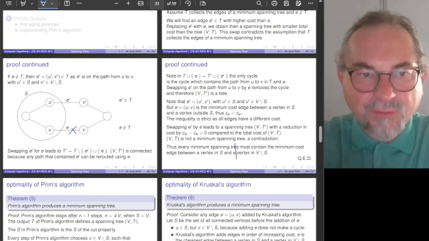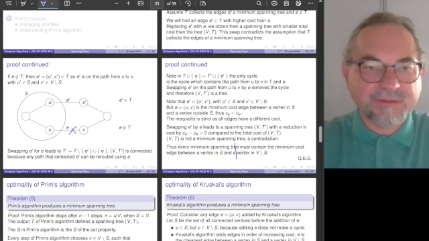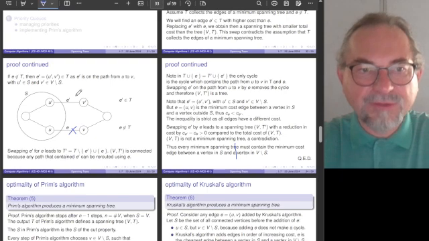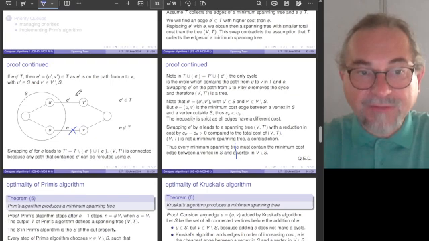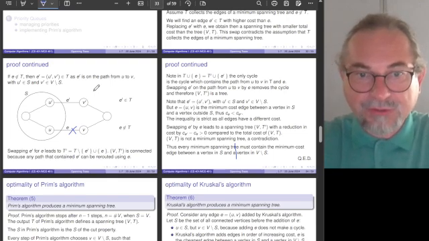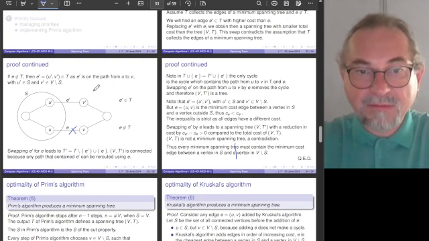Now if you were to swap this, so now you do it differently. Here I crossed out E. If you would now swap E prime for E, you would also have a spanning tree because we have that cycle. You would still be able to reach V prime. So you still have a spanning tree, but now actually you have a minimum cost.